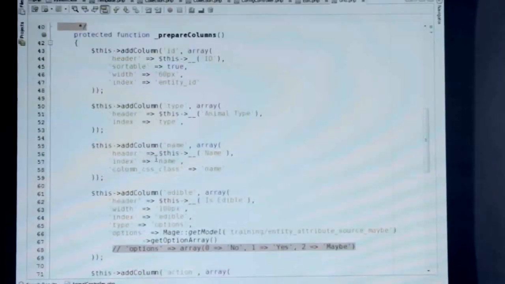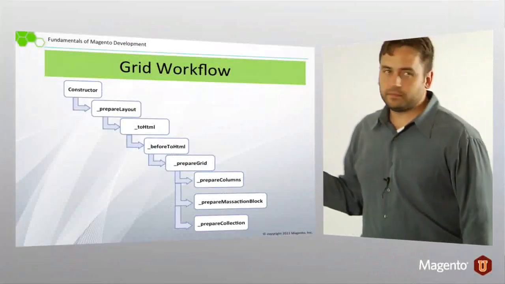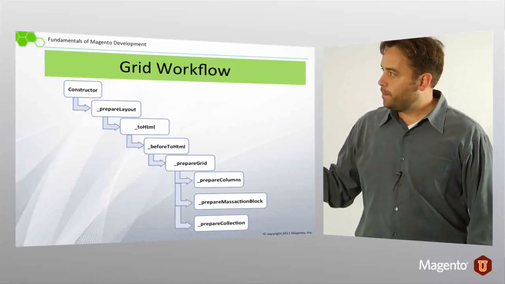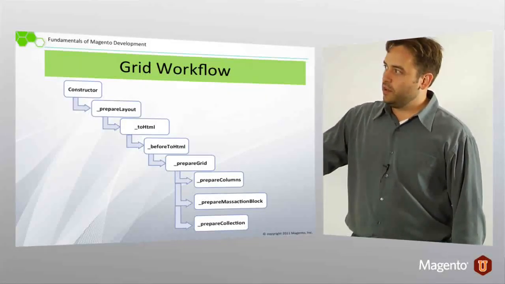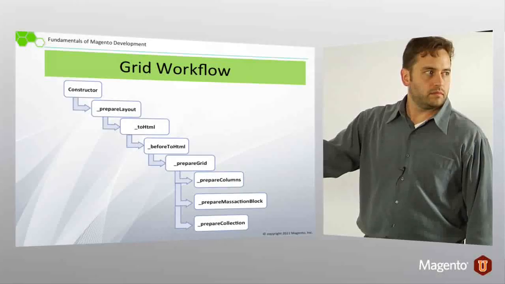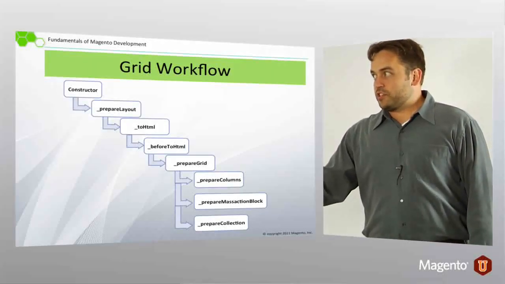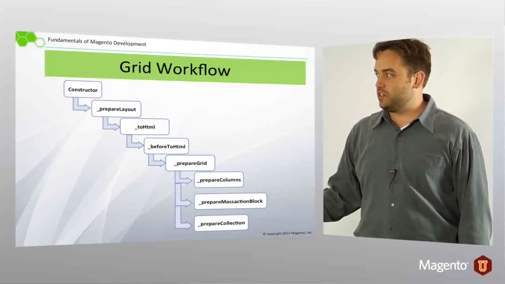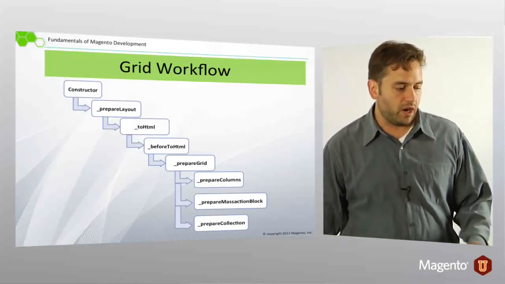I have to show you this in order for these things to make sense. This slide here is basically just to show you, because all blocks do this. For grids, though, before toHtml, we'll call prepare grid, and prepare grid gives us access to these three things here. So, prepare columns.